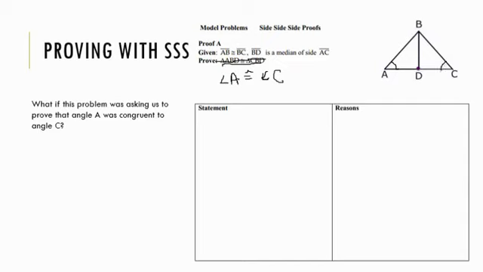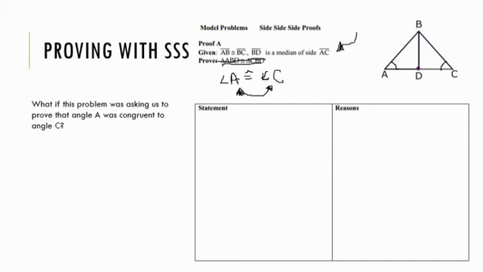Well, let's find out. So we go through that whole proof, correct? I can't necessarily prove, actually I can't prove that angle A is congruent to angle C with the given information right here. I cannot directly prove that that is true. They look the same, but that's not valid. Okay?